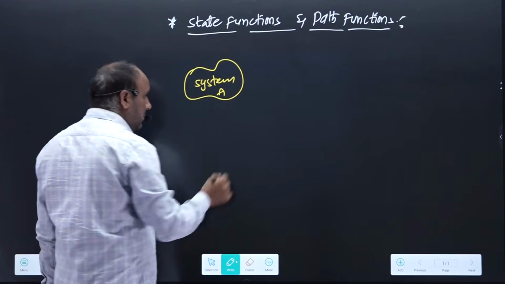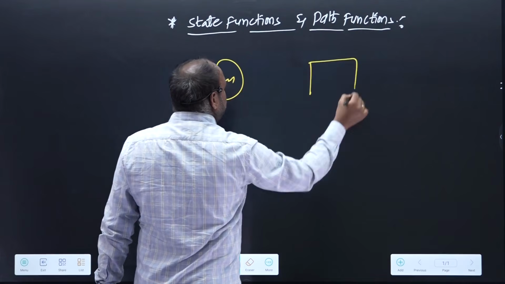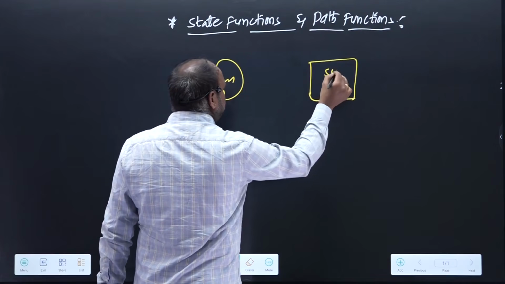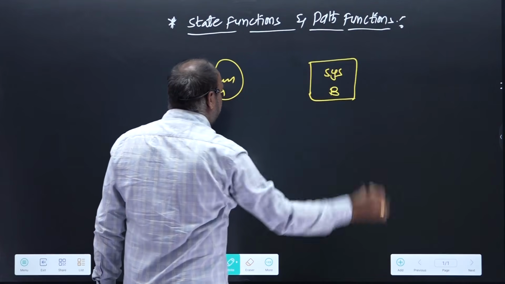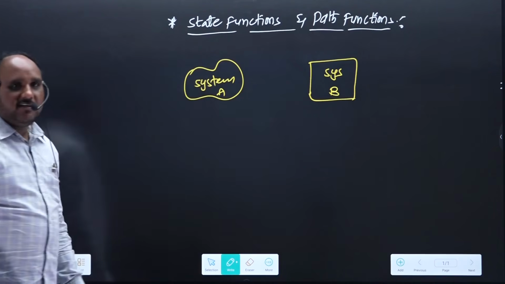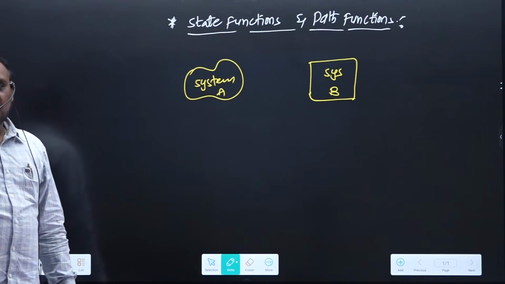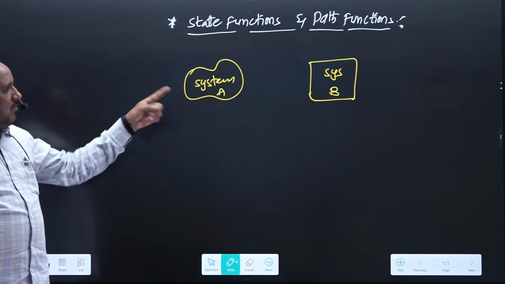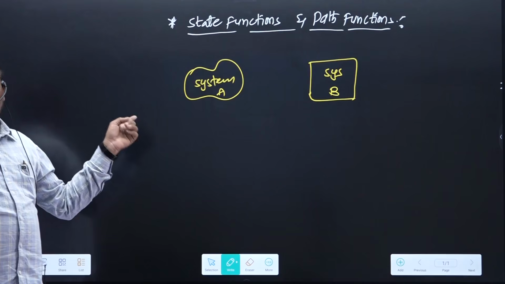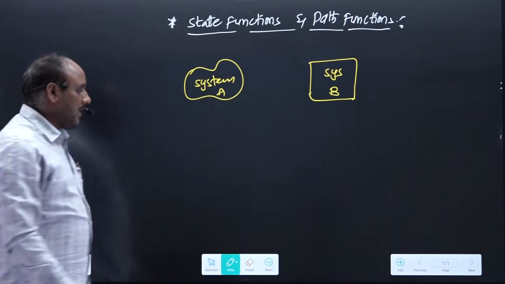System A is there, the next one is system B. Are A and B the same systems or different? Different, that's why I have to use different diagrams, right? So both are different systems, system A and system B.